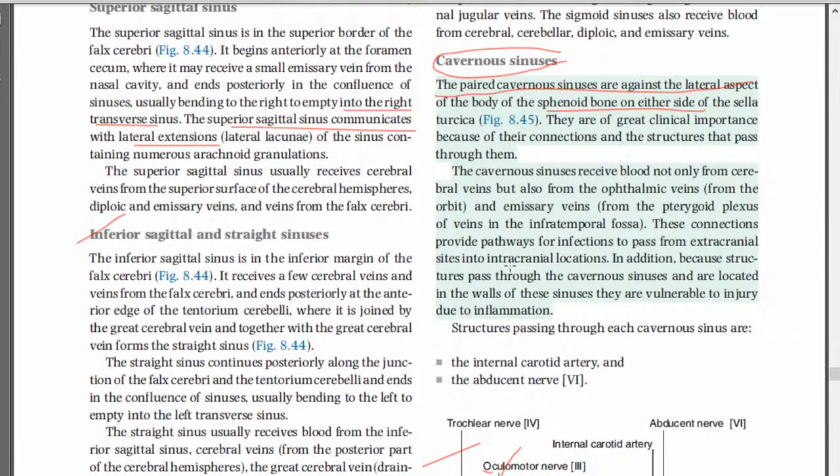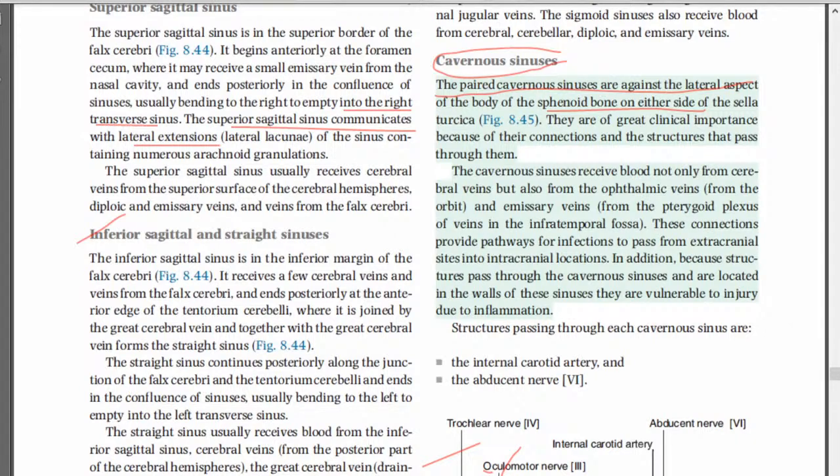Okay, I'm getting it. So we are studying the cavernous sinuses. I have my notes on site, so I'll be studying from them as well.